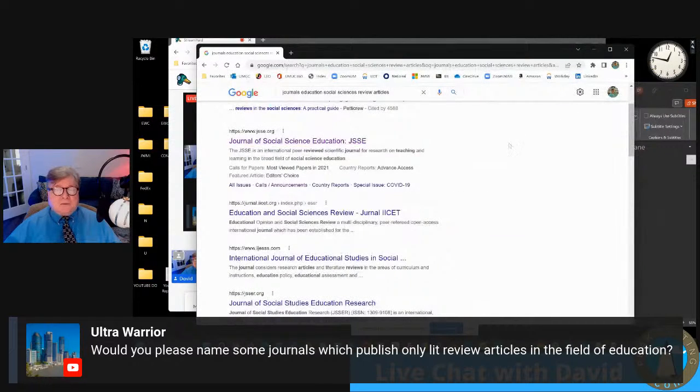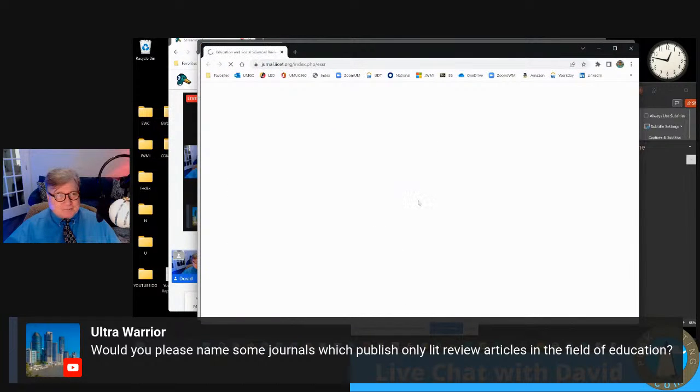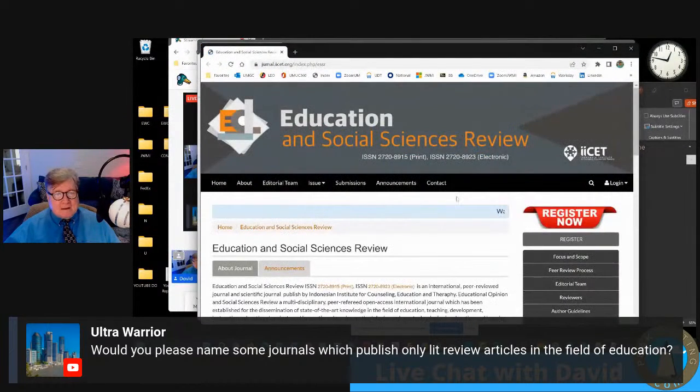This, Ultra, reinforces what we were saying earlier: you don't just write something for publication, you write something for a particular publication. In this case, you saw how this journal had very specific guidelines, even a template that you had to use. Let's take a look at this one. Education and Social Sciences Review.